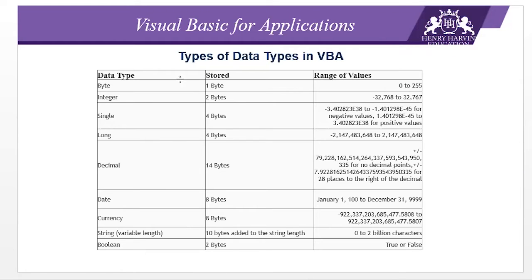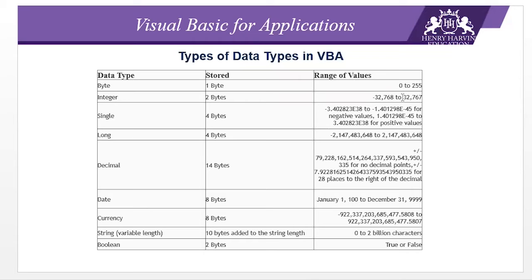Let me walk you through the types of data types in VBA. We have byte, which can store values from 0 to 255. Integer holds only up to 32,767. Suppose you write dim x as integer, and if x holds a value more than 32,767, then the code will not work.